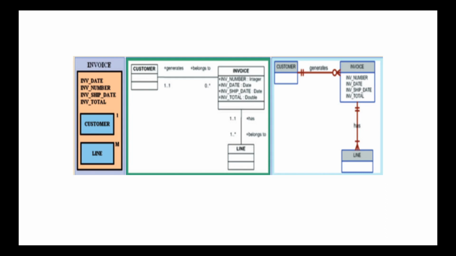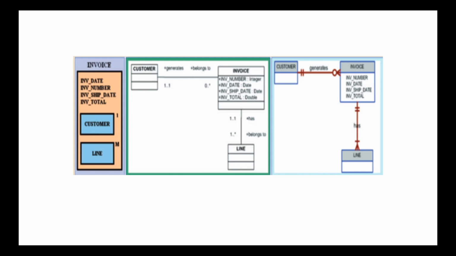Now coming to the left side corner. All these ER diagram details are maintained in a single structure in the object oriented data model. First of all, invoice. What does the object contain? It contains properties along with its relationships with other entities.